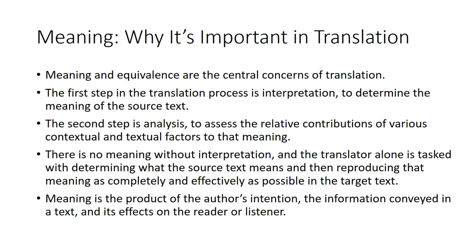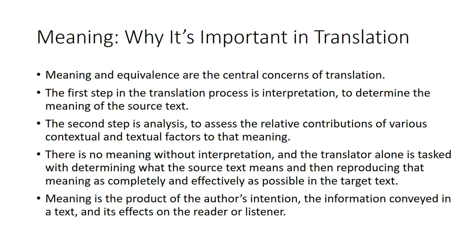And then finally, it's important to understand that meaning is the product of the author's intention, the information conveyed in a text, and its effect on the reader or listener. This is a very simplified definition, this fifth bullet point, right? To talk about what is meaning, I'm sort of boiling it down to its essence.